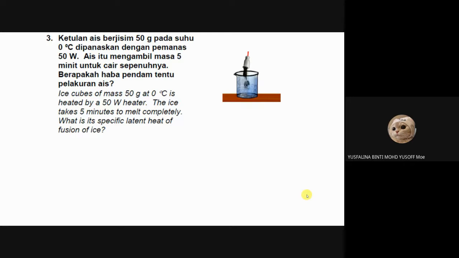300,000 joule kg negative 1. Is it correct? So what's the formula here? Pt equals ml. P is 50, time is 5 times 60, you have to change to second.